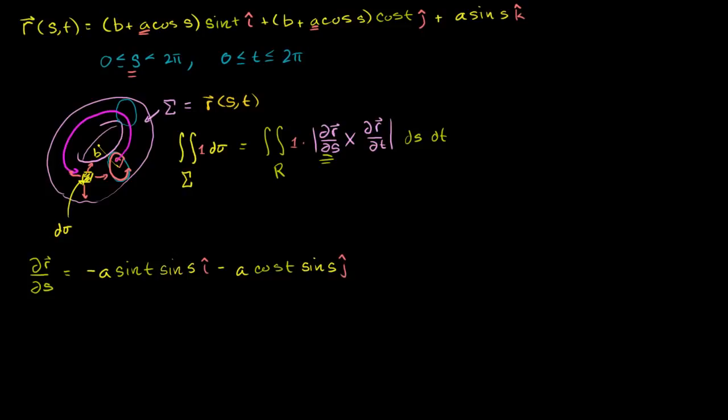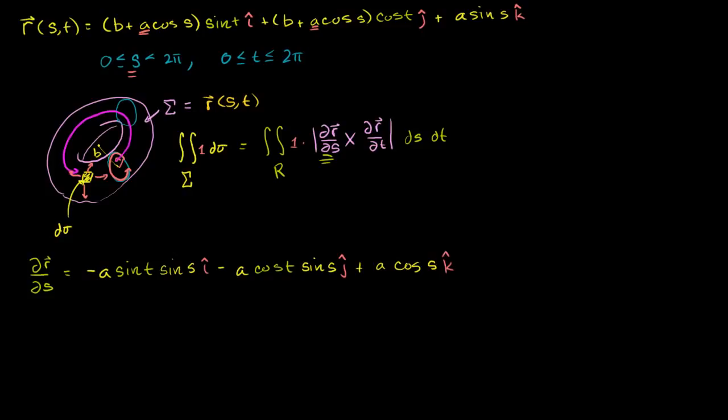And then finally we take the derivative of this with respect to s, and that's pretty straightforward. It's just going to be plus a cosine of s k.